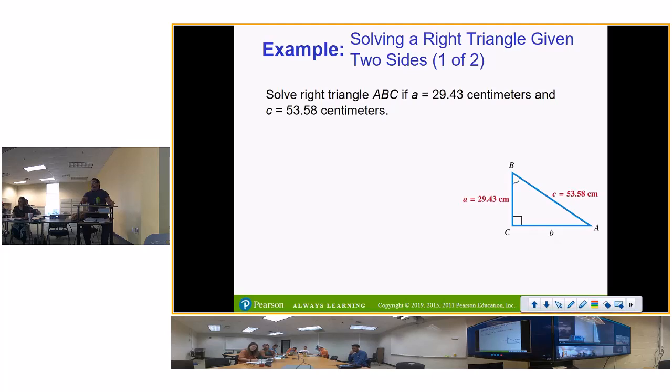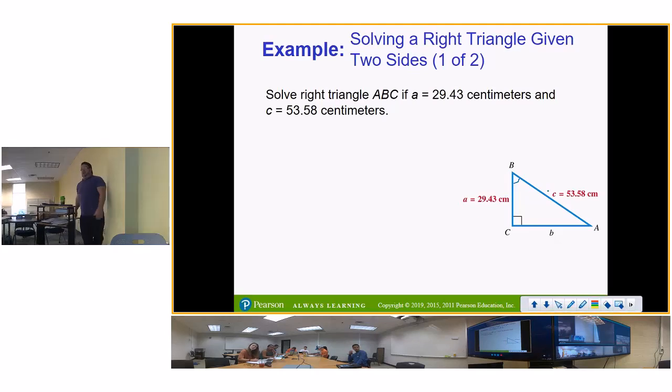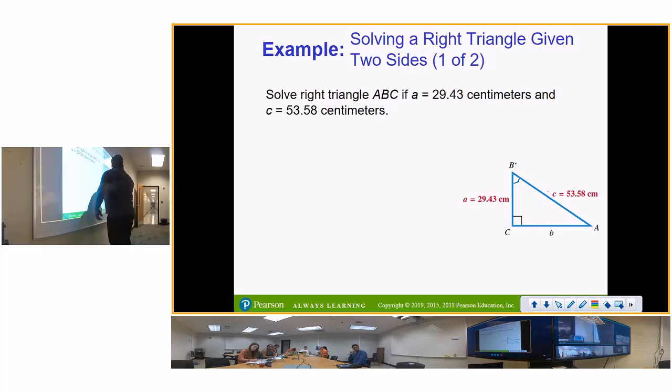Why? Because I have two what? I have two sides. Now you just have to figure out which side do you have. What do we have? We have the adjacent and we have the what? Put your little man here. You have the hypotenuse and the what? Adjacent. I wish they'd call that one O. All right.